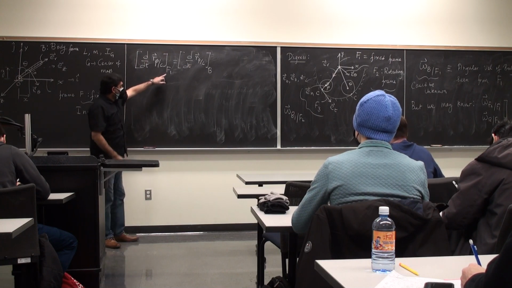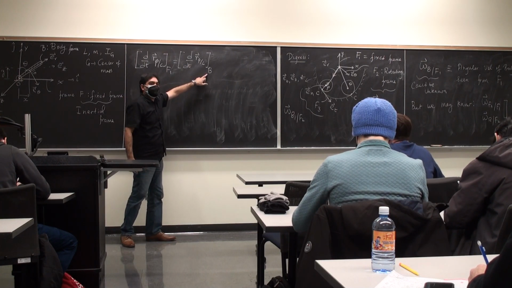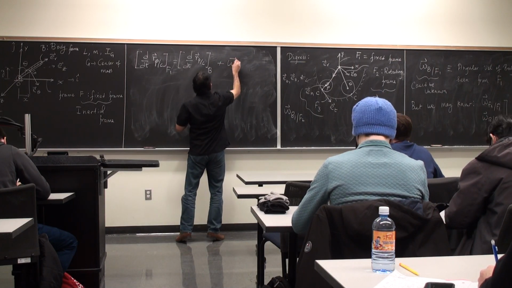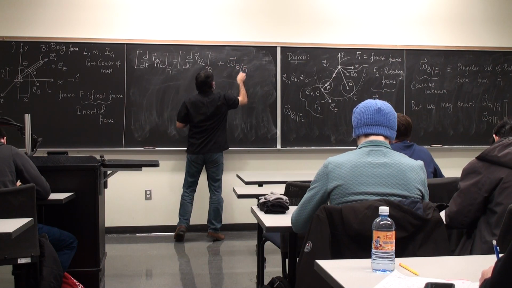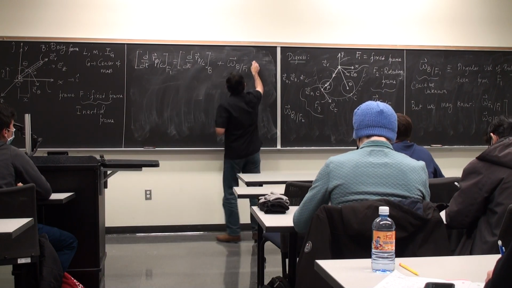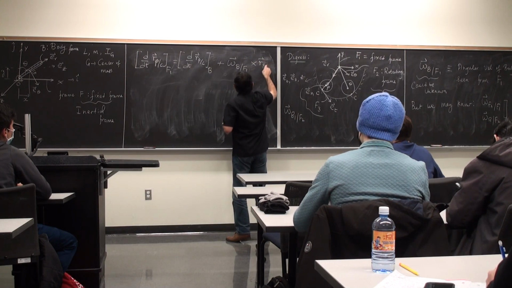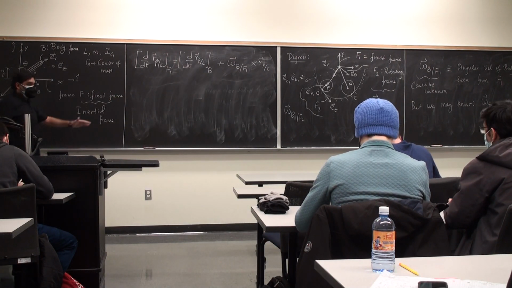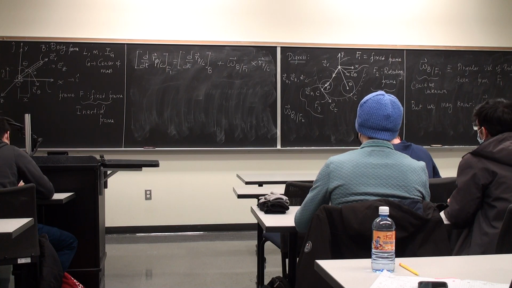Then since I'm using the frame F1 and I'm invoking the body frame, the next term should be omega of the body frame relative to the frame F1 cross with the position vector, or whatever vector you're looking at. This is what we derived a couple of minutes ago.